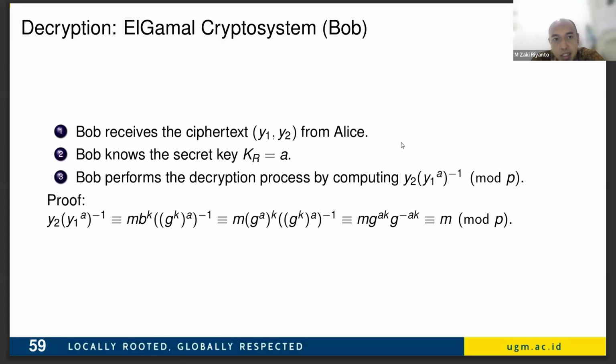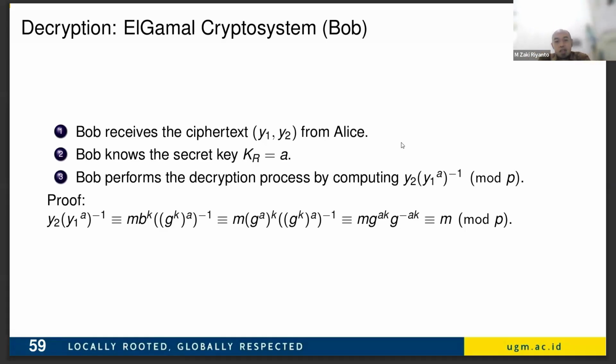And the third process is decryption, conducted by Bob. Here, Bob receives the ciphertext y1 and y2 from Alice, and Bob has the secret key or the private key, that is a.